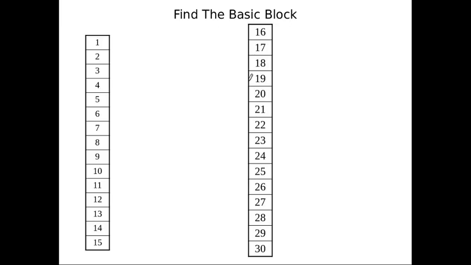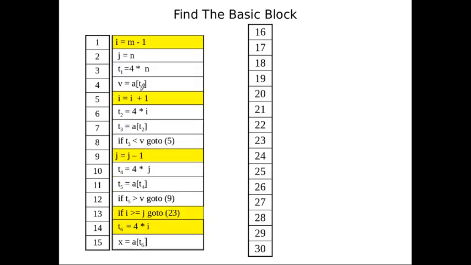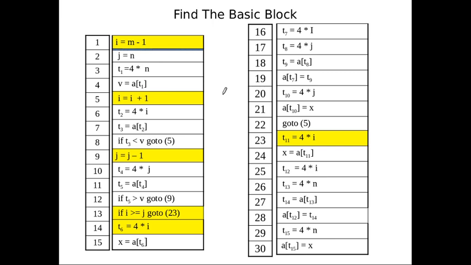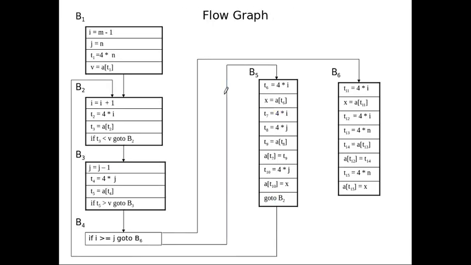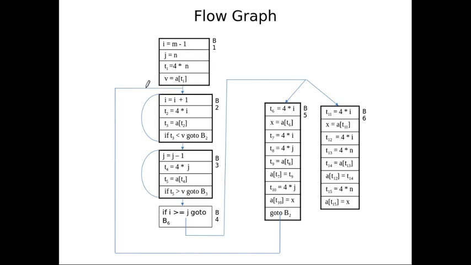What is our first block's last statement? V equal to f t1. It is not any jump, so block 1 by default gives flow to block 2. Now observe, what about the last statement of block 2?